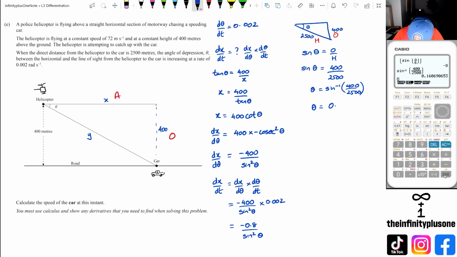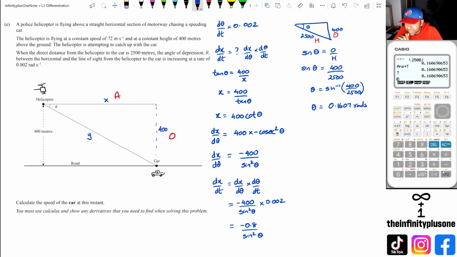So θ is equal to 0.1607 radians. Now I'm going to store this value, because I get a feeling I'm going to use it again. I'm going to store this to alpha t. So basically then I should have alpha t is equal to that. Yep, cool. So that's my theta right there.